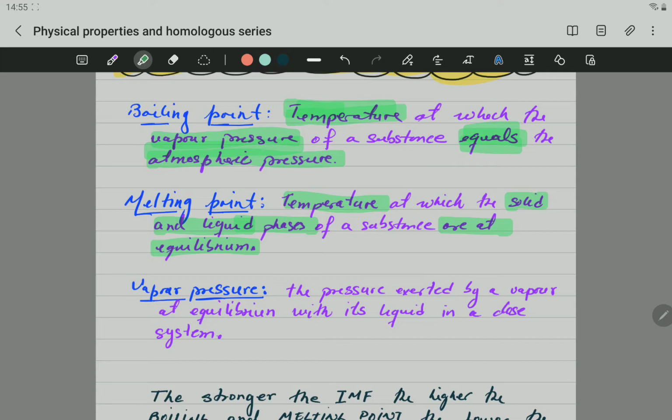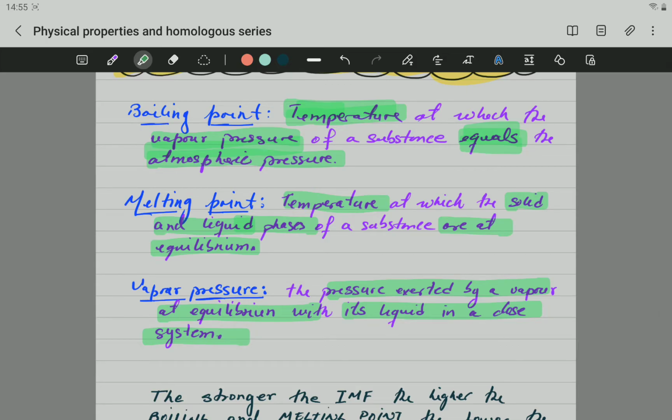The last physical property you must learn is vapor pressure. Vapor pressure is the pressure exerted by a vapor at equilibrium with its liquid in a closed system. We have to learn these definitions because they are going to ask.